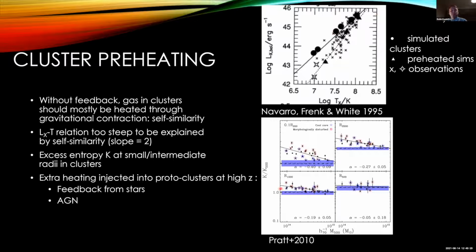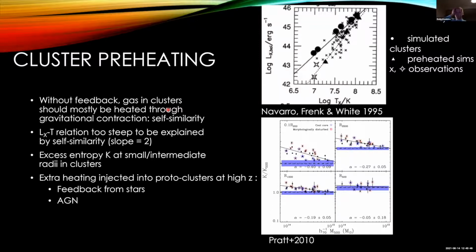And also, more recently, in studies of the entropy in these clusters, people were finding that there's excess entropy from what can be explained from self-similarity in the small radii and also the intermediate radii of these clusters.